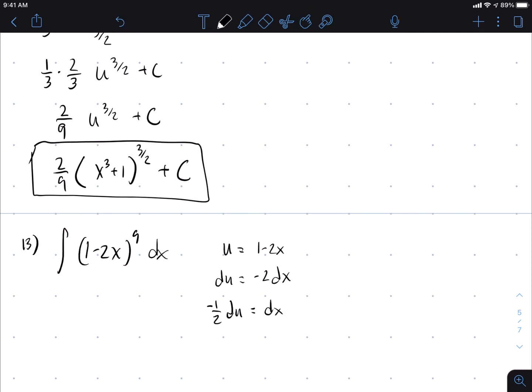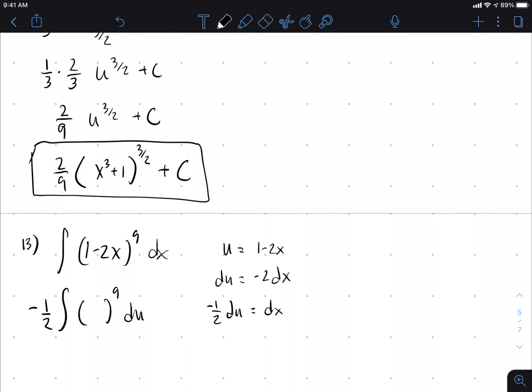Are we okay with that? Yeah. So my integral is going to be a negative 1/2 because that's a constant, and the dx is equal to the negative 1/2 du, correct? I'm going to leave the 9th power.